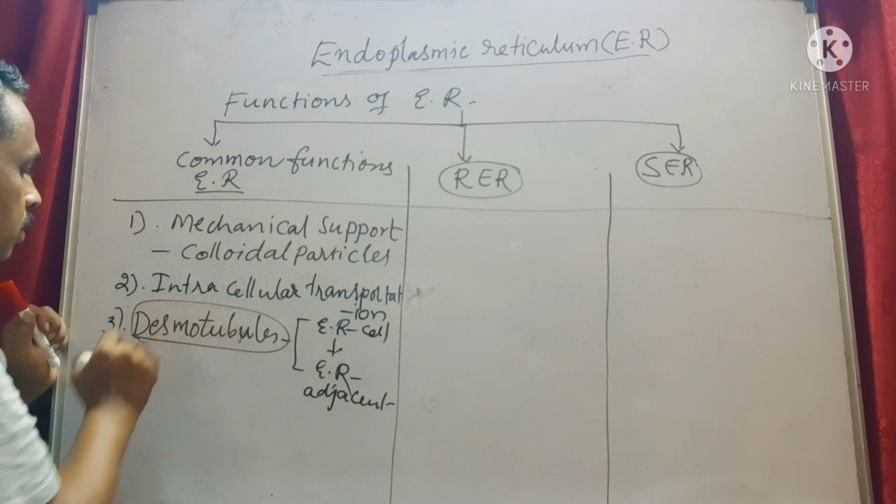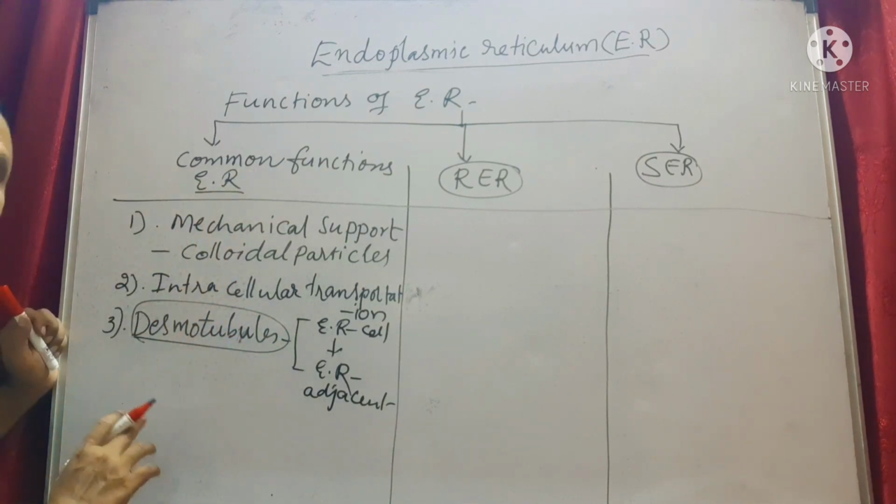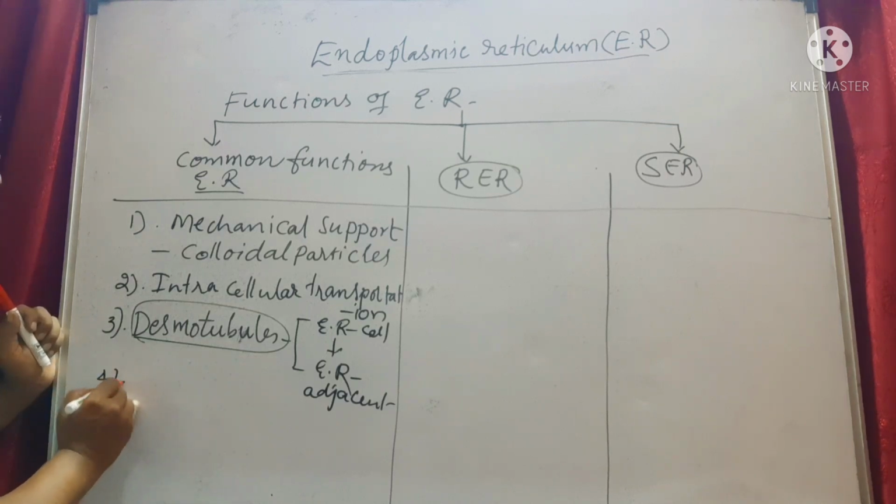Those tubular structures are called desmotubules. For the formation of desmotubules, these endoplasmic reticulum are very important.